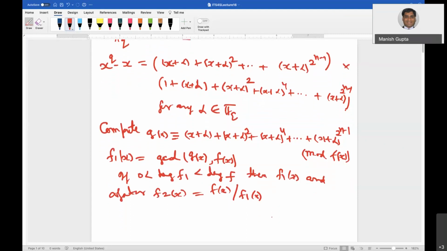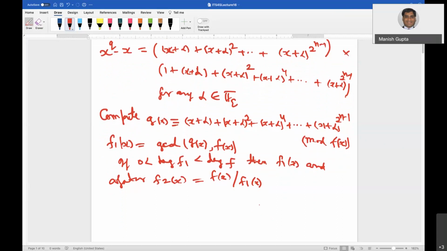This is how we can continue and split recursively. So we can assume that f(x) is square free and a product of linear factors.